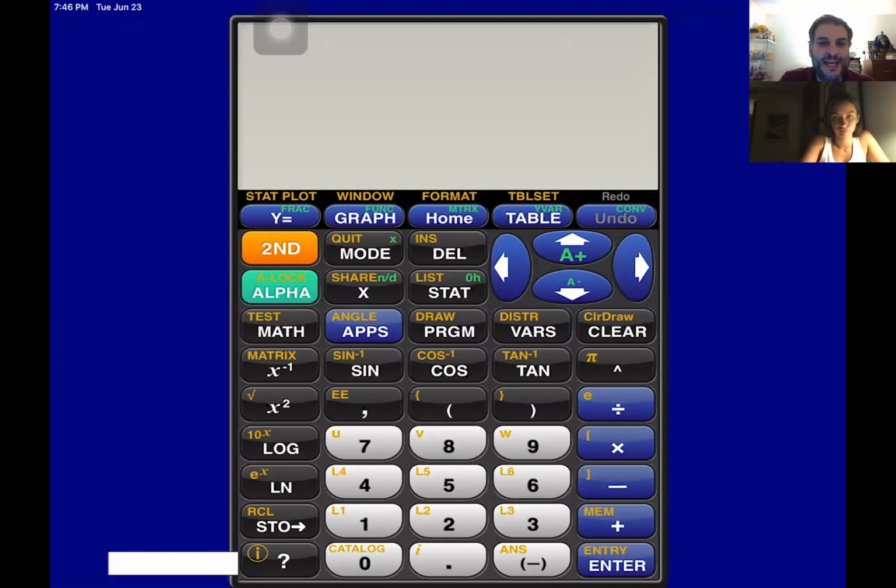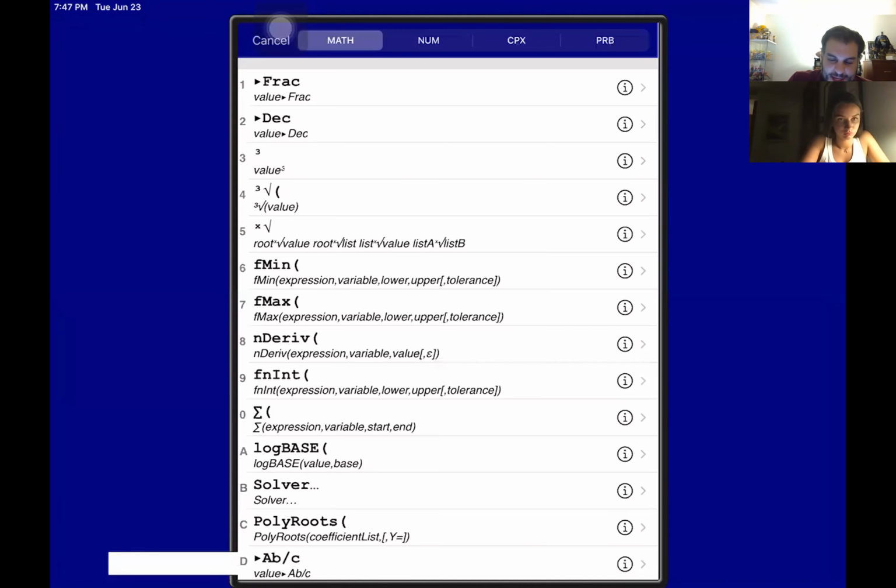All right. On your TI-84, if you look at the alpha button, which is green on my calculator, right below it, it says math. So I want you to hit the math button. Up on the top, it says MATH, NUM, CPX, and PRB.